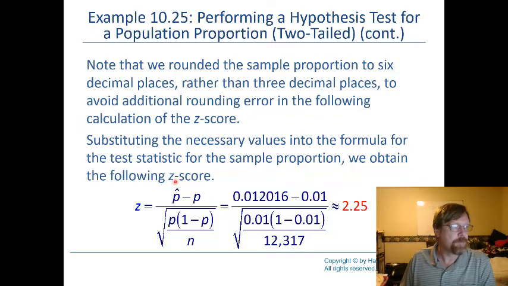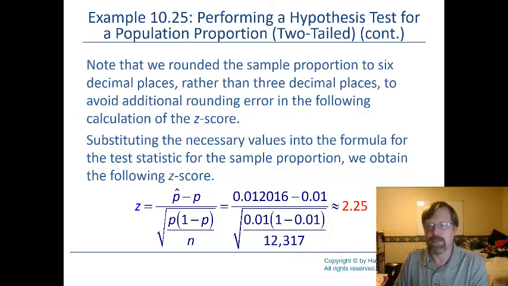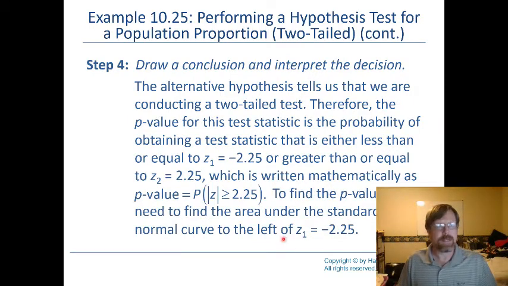Sample proportion minus presumed population proportion over the square root of presumed population proportion times 1 minus presumed population proportion over sample size, as they've done here. And we get a z-score of 2.25. Now we're doing a two-tailed test, so we need to know what's less than negative 2.25 and what's greater than positive 2.25.